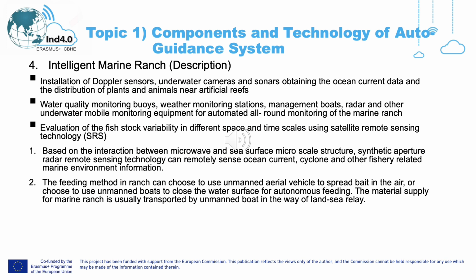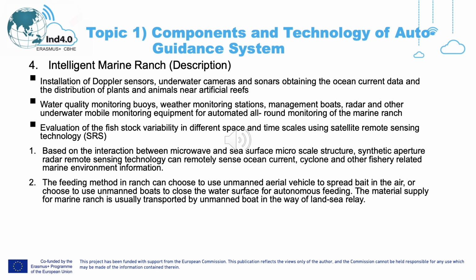With reference to the previous illustration, the range obtains the ocean current data and the distribution of plants and animals near artificial reefs by installing Doppler sensors, underwater cameras, and sonars.